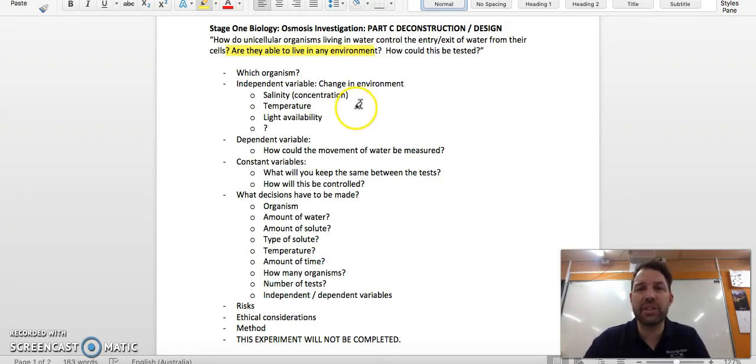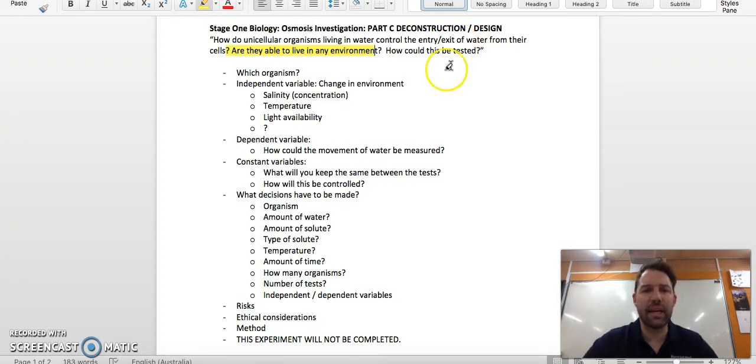I thought I could change the salinity, the salt concentration. I thought I could change the temperature of their environment, maybe their light availability. Think of, are there any other things that you could change in their environment to show that they are or are not able to live in any environment? Remembering that the focus is on the entry and exit of water.